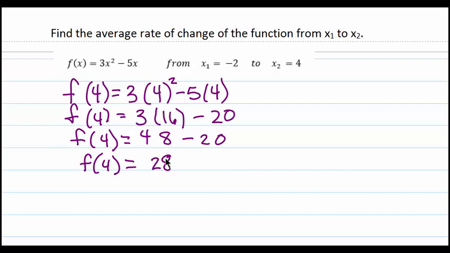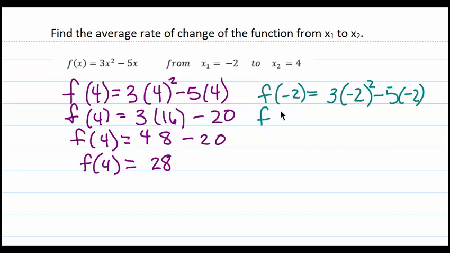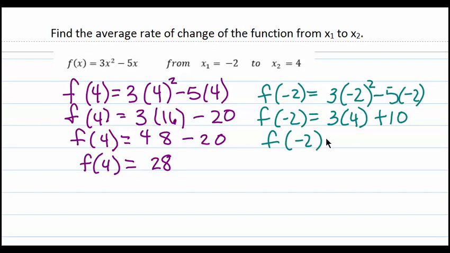Now I'm going to go ahead and find f of x sub 1. So I have f of negative 2 is equal to 3 times negative 2 squared minus 5 times negative 2. So I have f of negative 2 is equal to 3 times 4 plus 10. So f of negative 2 is then equal to 12 plus 10. So f of negative 2 is equal to 22.